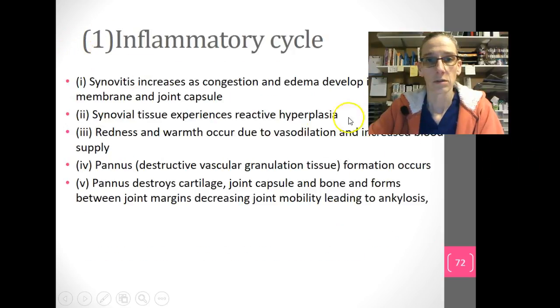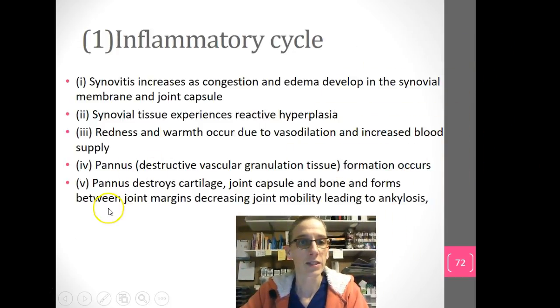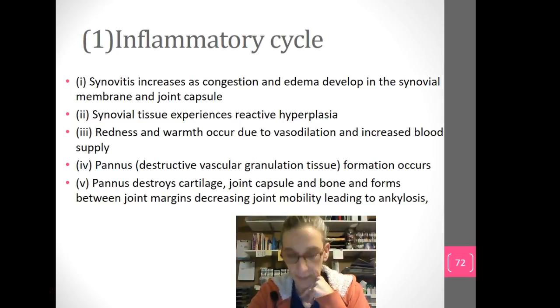All right, inflammatory cycle. The synovitis increases as congestion and edema develop in the synovial membrane in the joint capsule. Synovial tissue experiences reactive hyperplasia, which is an enlargement of the tissue. You have redness and warmth occur due to vasodilation and increased blood supply.